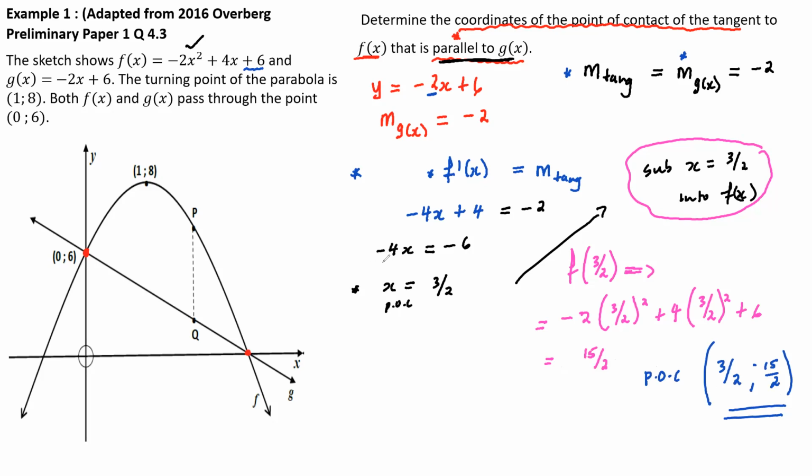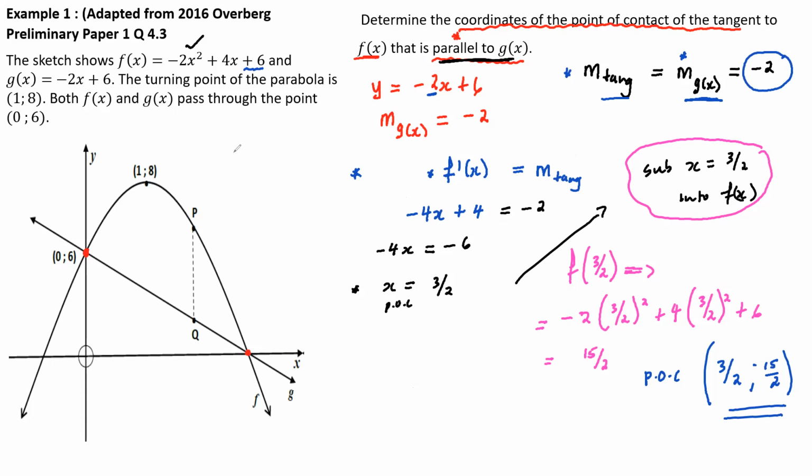Again, family, please remember, I was able to get the tangent gradient by noticing that I'm given the equation of g of x, and the equation of g of x and the tangent are parallel, so they've got equal gradients. So the gradient of that tangent should be the same as the gradient of the parabola. And how do I get the gradient of the parabola?